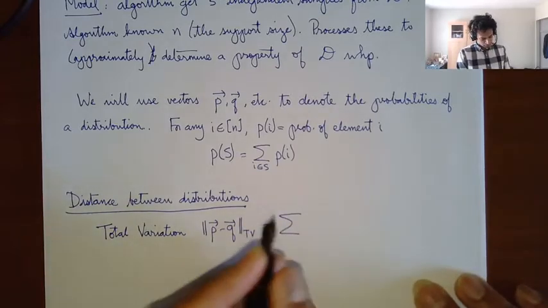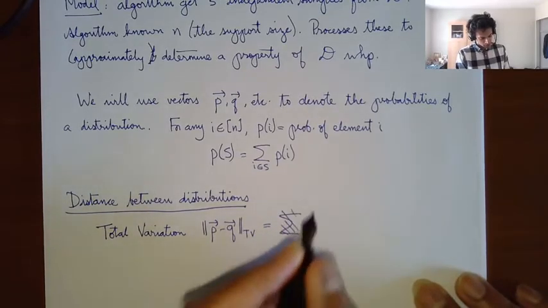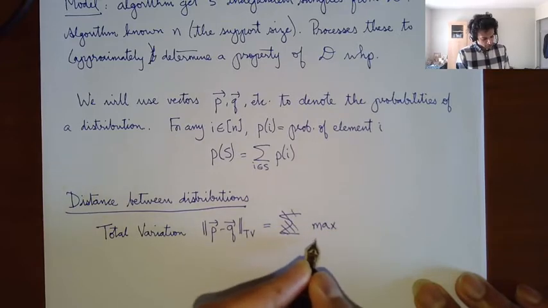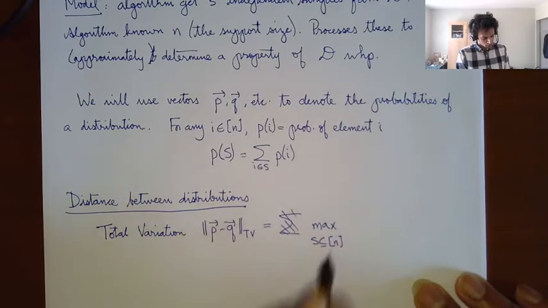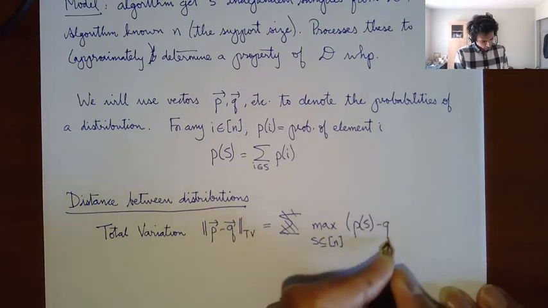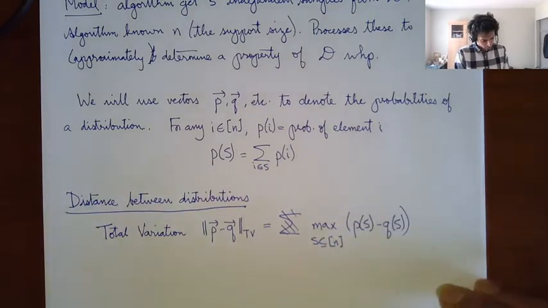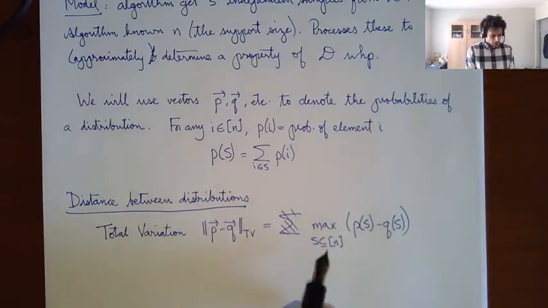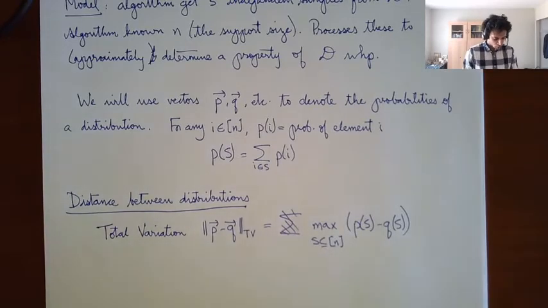Formally, this is defined as a max over any subset S of the support of P of S minus Q of S. Now, if the support was infinite, then you would replace the max with a supremum. We are only dealing with discrete objects here, so I've just written a max.